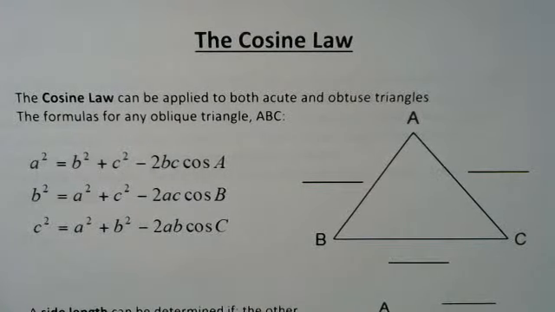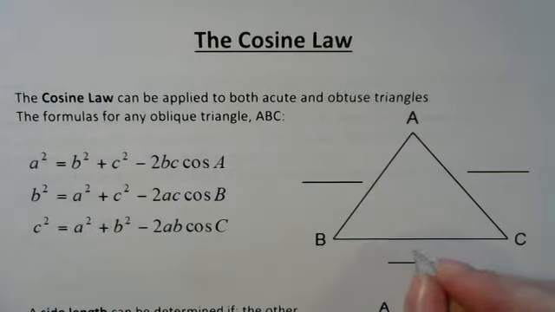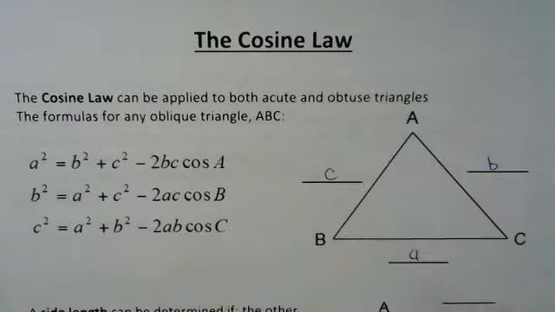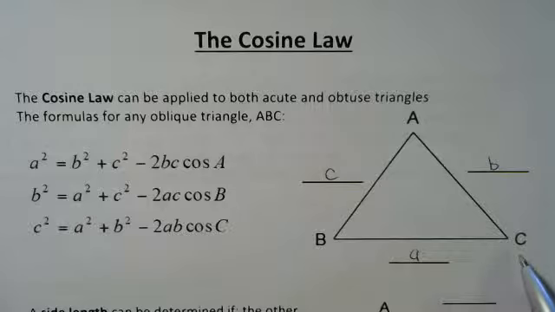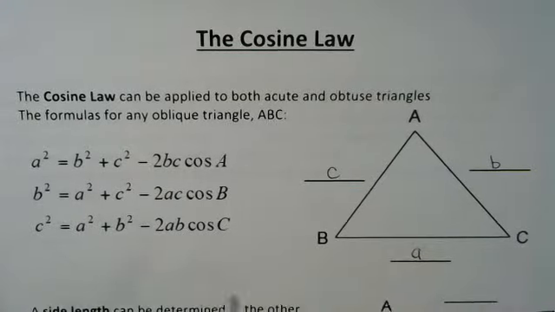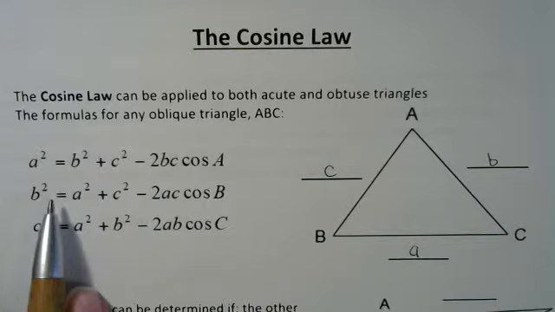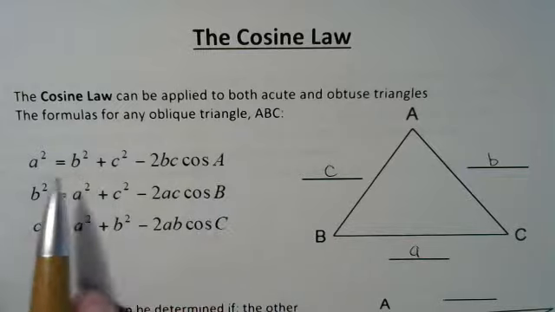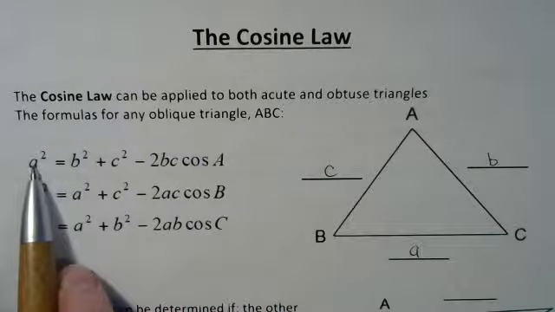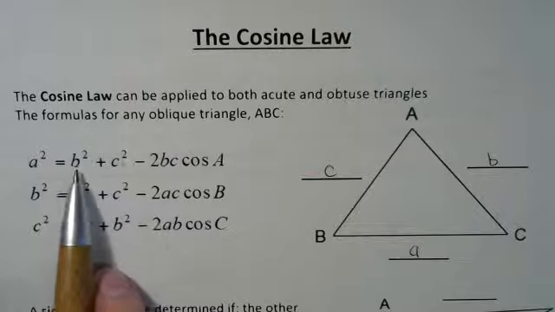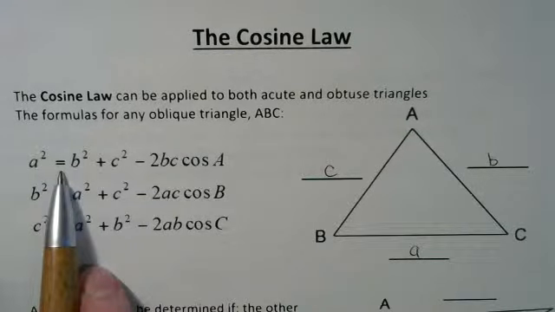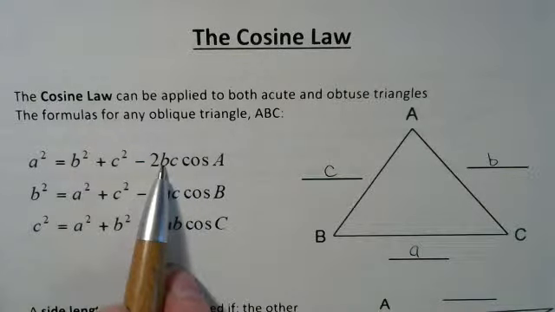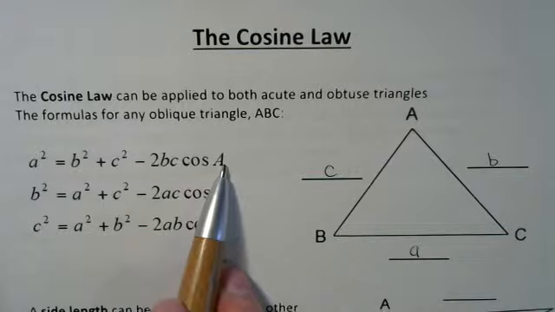So remember, when we label our triangle, we always label the opposite sides as the smaller case letter of the angle across from it. So to use the cosine law, we have these fancy looking formulas over here. Basically, if we have any side and its angle, so these two are across from each other, we can use the side length squared is going to be equal to the sum of the squares of the other two side lengths minus 2 multiplied by those two side lengths multiplied by cosine of your angle.